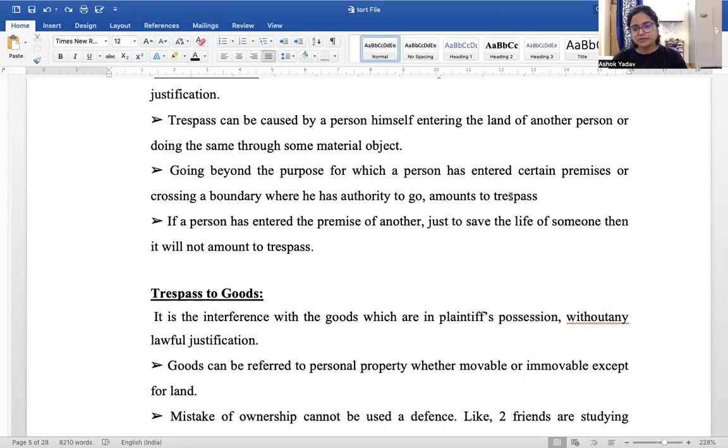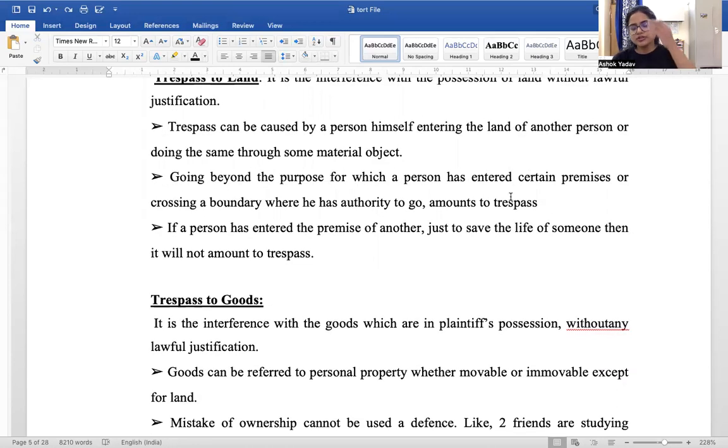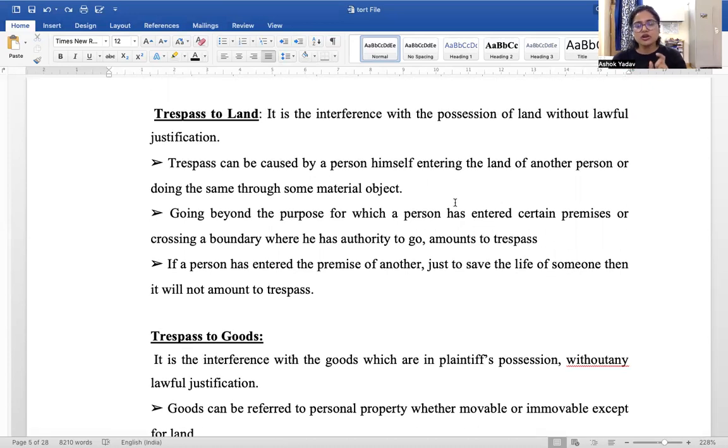Suppose there's a plot of land, you don't have the permission to go there, but still you go, you're interfering with the other person's right to enjoy the property, their right to possession. This is called trespass to land, because you do not have the authority to go. And if you had the authority to go to a particular piece of land, but you go beyond that land, then also it will be called trespass to land.